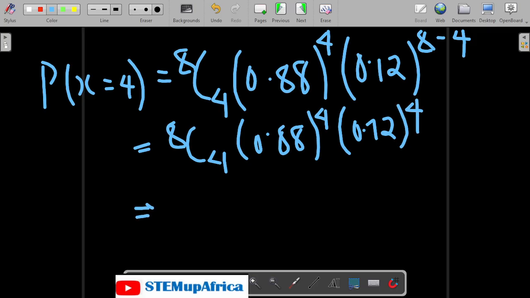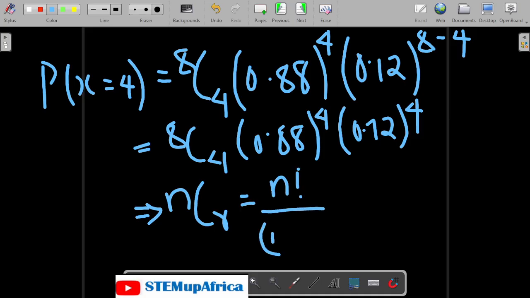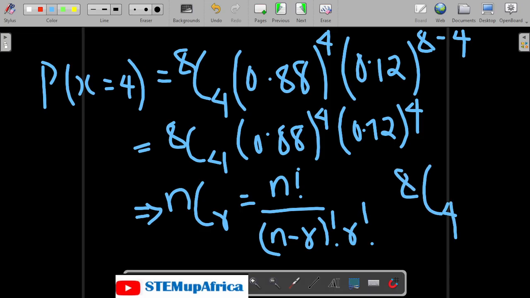So what are we having? We know that n combination r is n factorial over n minus r factorial. So we use that to simplify 8 combination 4. If you simplify 8 combination 4 using the formula, the value will give us 70.